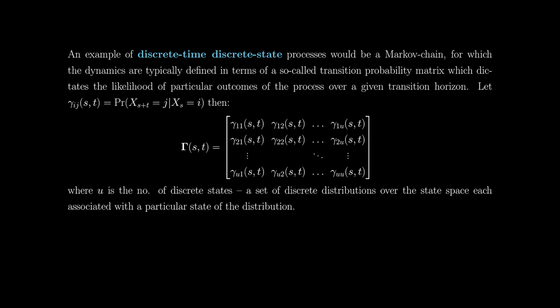So, an example of a discrete time, discrete state process would be a Markov chain, for which the dynamics are typically defined in terms of a so-called transition probability matrix, which basically dictates the likelihood of particular outcomes of the process over a given transition horizon, depending on the present state of the process. Or in the simplest possible terms, it's just a set of discrete distributions over the state space, each associated with a particular state of the process at a given point in time.